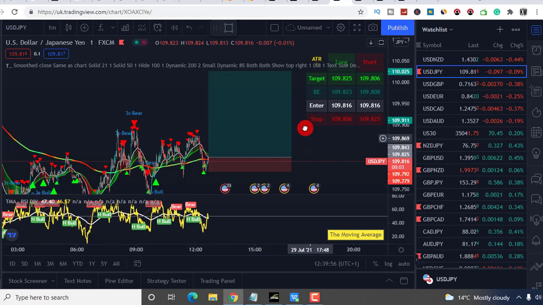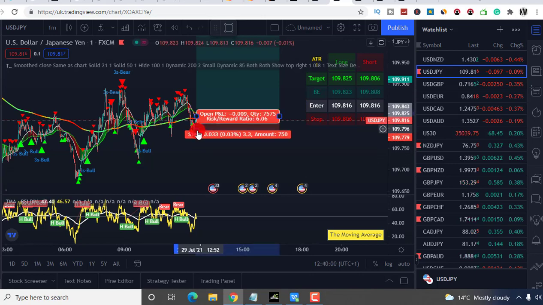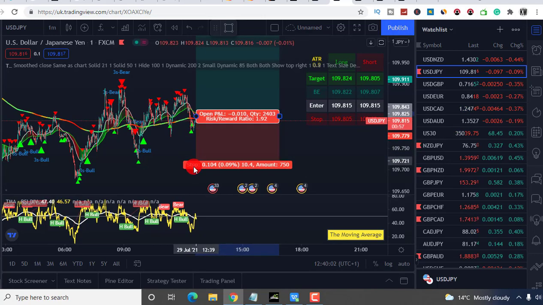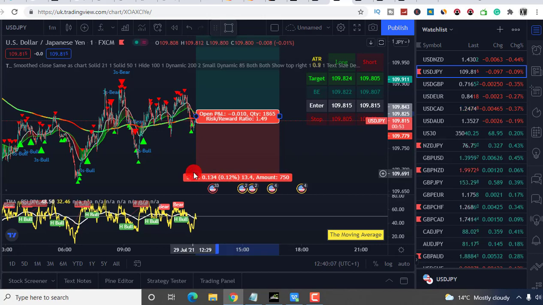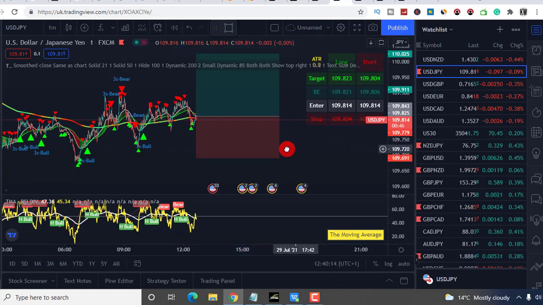What about our stop loss? We see the lowest price came down to here, so we may aim... I know it's crazy, but again, this is the way I do it. I don't care about the risk reward ratio here.